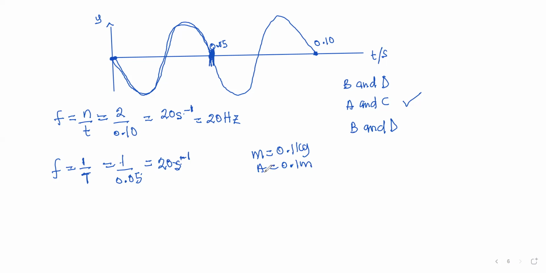When the particle passes through the mean point, its kinetic energy is 8 times 10 to the power negative 3 joule.